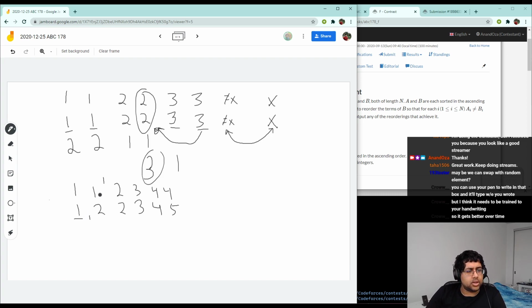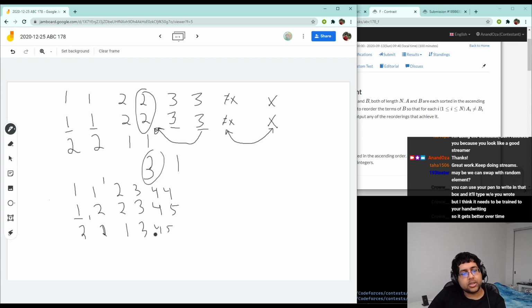So we would swap it with this 2 and get 2, 2, 1, 3, 4, 5. Then we don't want to swap this 2, we don't want to swap this 1, but we do want to swap this 3. So we can swap it with anything after it.